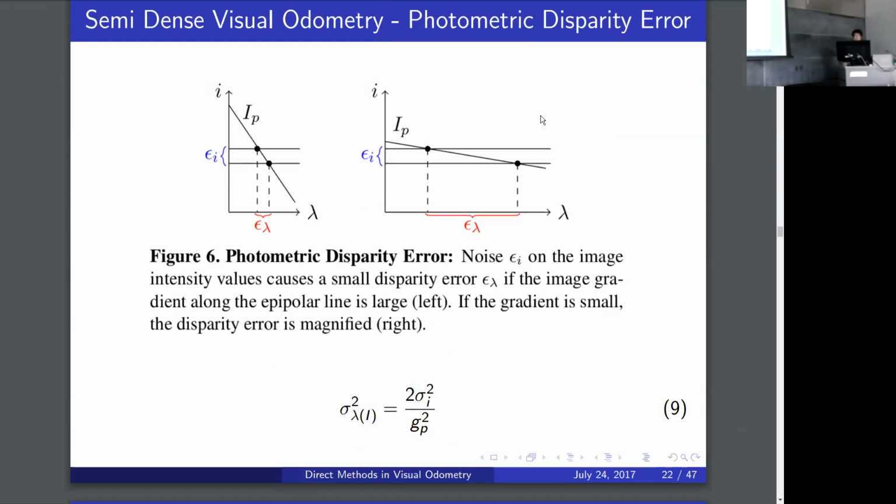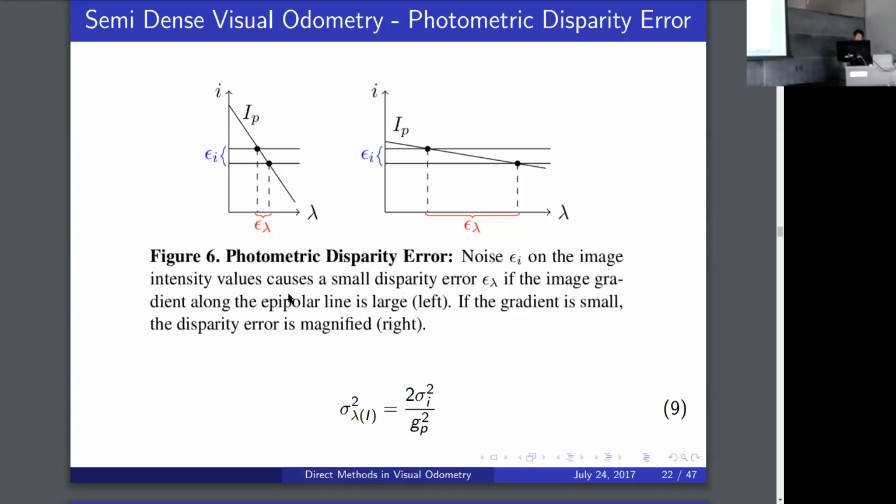If you have a texture-less scene and you do a disparity search on it, you would invariably have a really large disparity error, because when you're searching for the same pixel in the second frame, it's really hard to find, and so you don't really know your disparity.